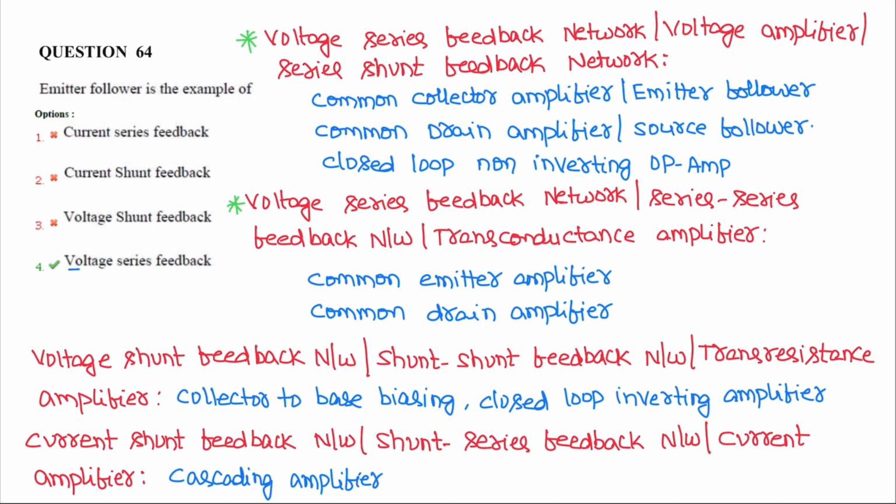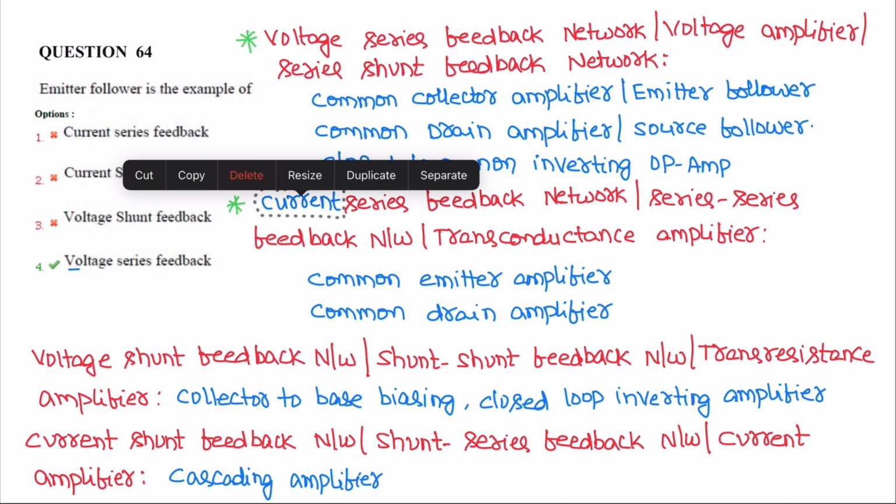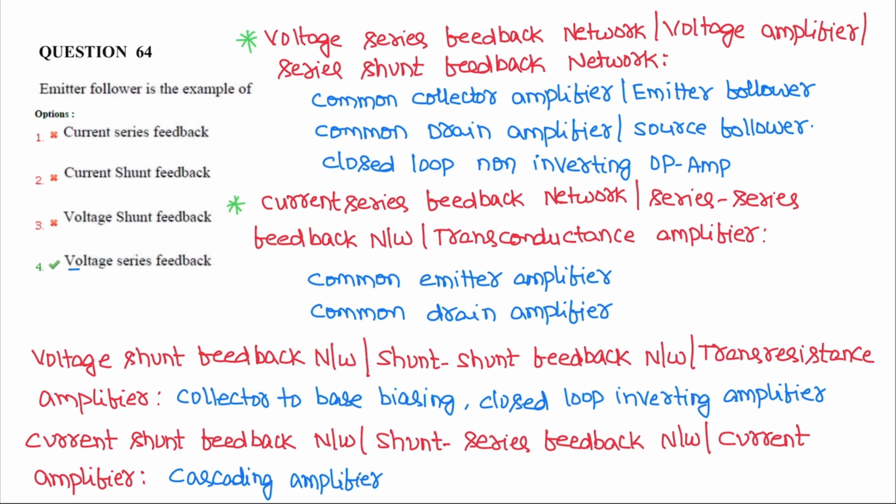Examples for current series feedback network or series feedback network or transconductance amplifier is common emitter amplifier or common drain amplifier.